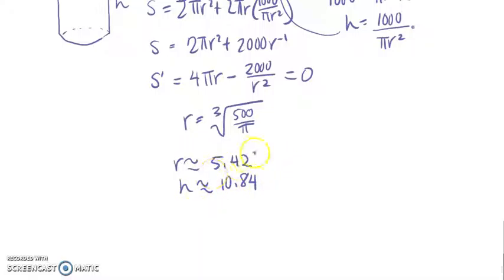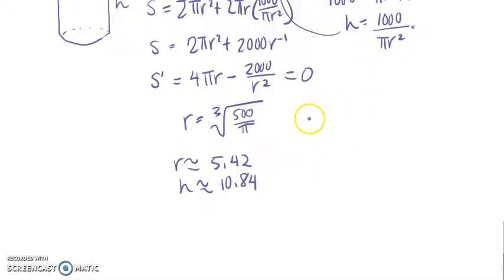When we figure out the height, we plug our r value into the original equation here. Our last step is to test our endpoints. But since we don't have endpoints, we have to find another way to make sure that this is the minimum on our graph. Because of the way our constraint is set up, we don't have specific endpoints.